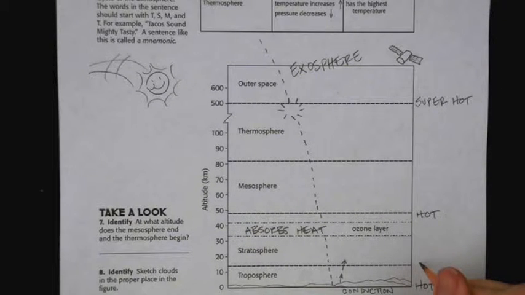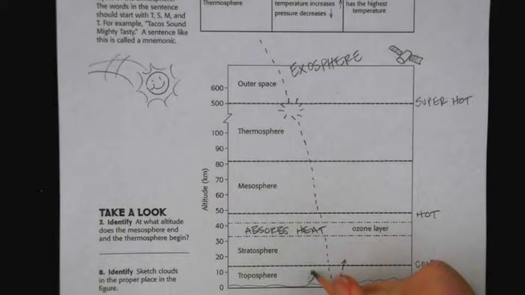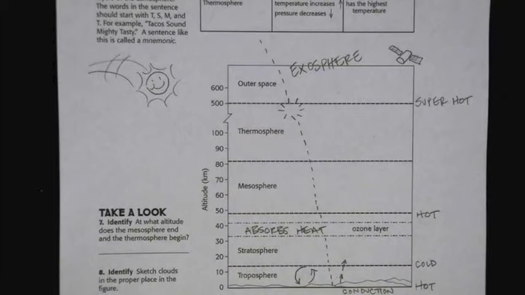So if the top of this fluid, the atmosphere, is cold, we know when a fluid gets cold, it sinks down. And at the surface of the Earth, when this fluid, the atmosphere, gets hot, it floats up. When the fluid gets hot, it floats up. Now, what kind of heat transfer was that?